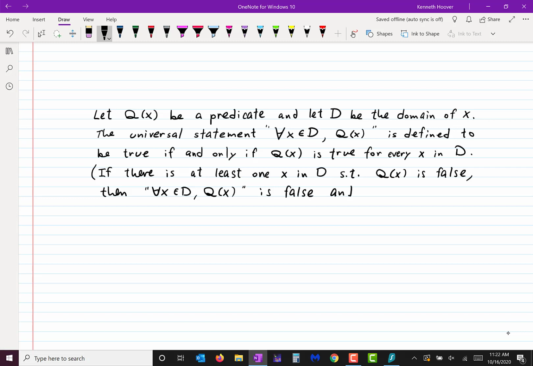And that value of x is called a counterexample.